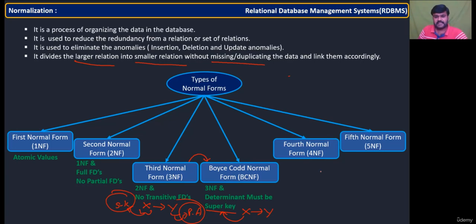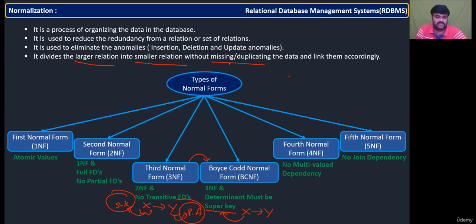Then the next one is fourth normal form, with no multi-valued dependency. That also we will get clarity on. And the fifth one has no join dependency. All these normal forms are going to reduce the anomalies and the redundant data, ultimately dividing the table. But going too far in normalization is also not recommended, because it increases the complexity.